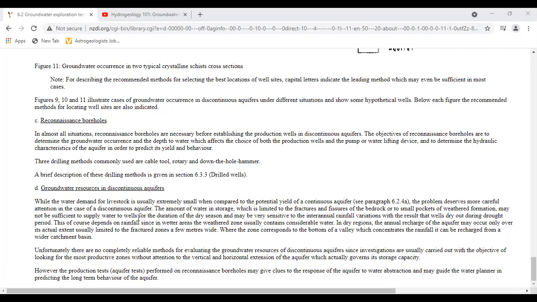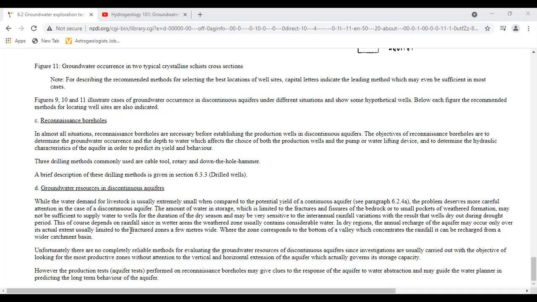In the case of a discontinuous aquifer, the amount of water in storage, which is limited to the fractures and fissures of the bedrock or to small pockets of weathered formation, may not be sufficient to supply water to wells for the duration of the dry season, and may be very sensitive to interannual rainfall variations, with the result that wells dry out during drought periods.